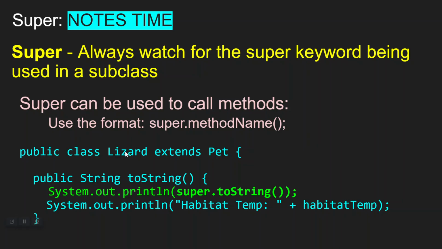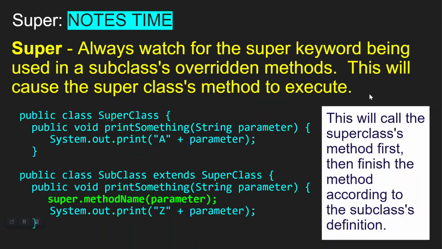So for instance, down in the Lizard class's toString method, System.out.print(super.toString()), and then System.out.print(habitatTemp). This is going to call the superclass's toString method first and print that, and then it's going to print the extra info. So just keep in mind, even though you are overriding methods, you always have to watch out for that keyword super. It can be used in a couple of different ways.